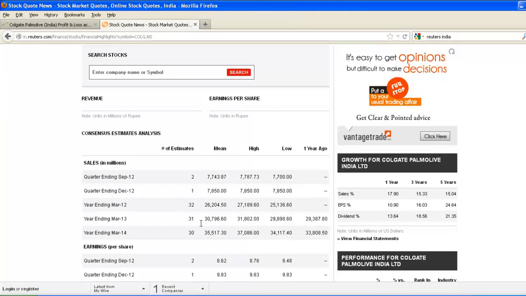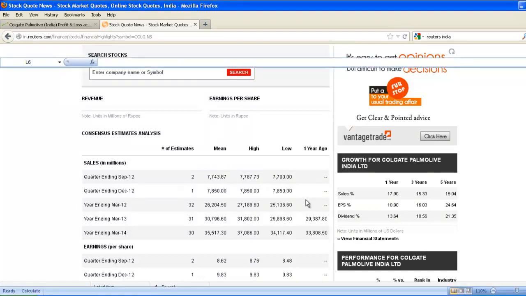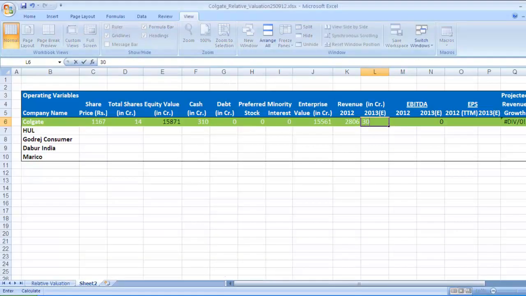Sales in millions, it is 3079.6 million. So you need to take the March 13 mean figure, that is 3079.60. It would be in crores.